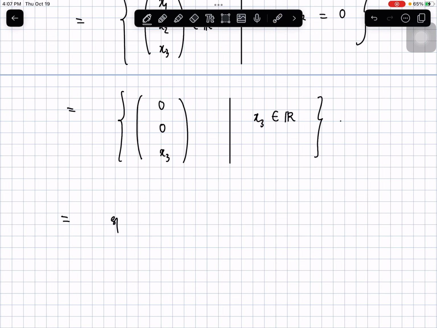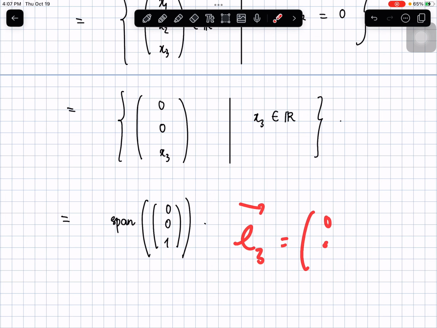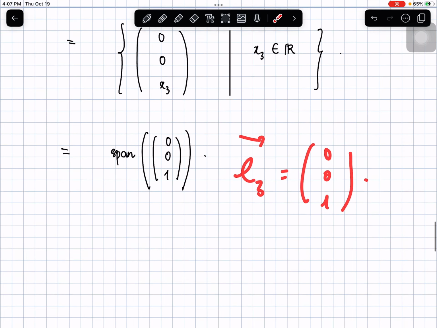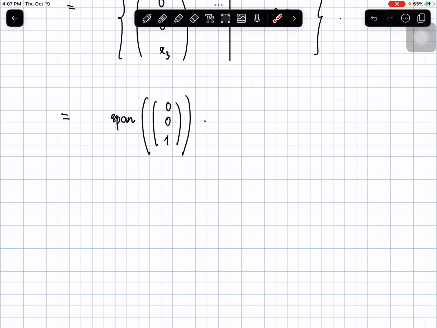It's the span of E3, that is 0, 0, 1. It's just a one-dimensional vector subspace of R3 which is spanned by this E3 vector 0, 0, 1. So the kernel is a one-dimensional vector subspace of R3.